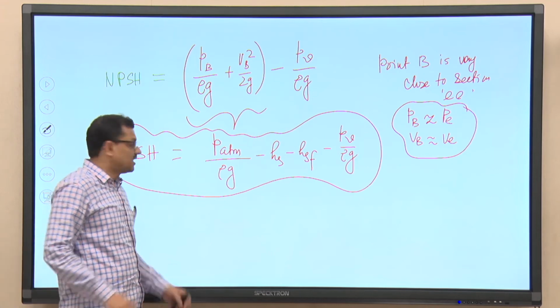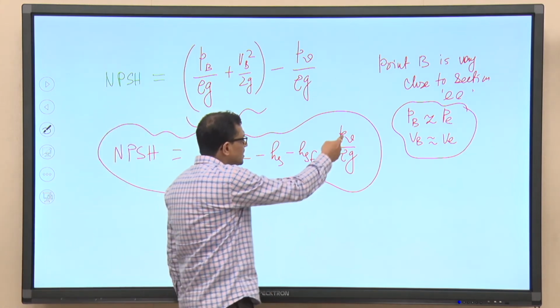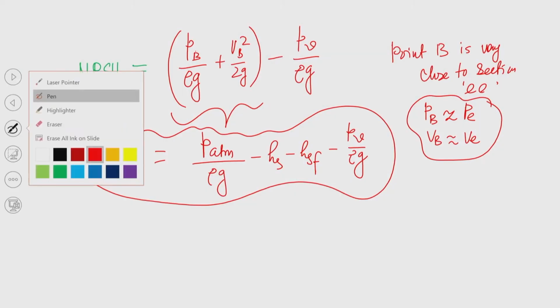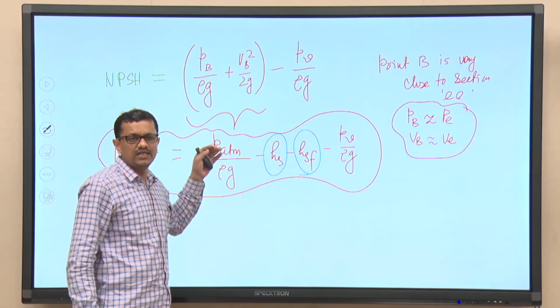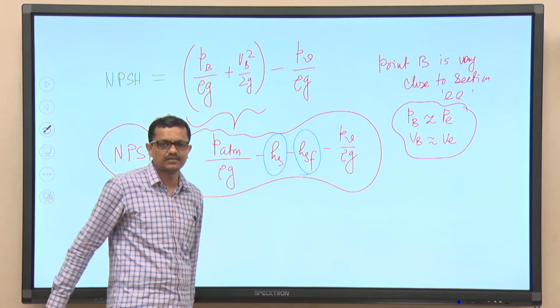this quantity becomes positive. If you would like to have this quantity become positive, then we can have control over these terms. The atmospheric pressure is usually the driving, favorable term in this case.